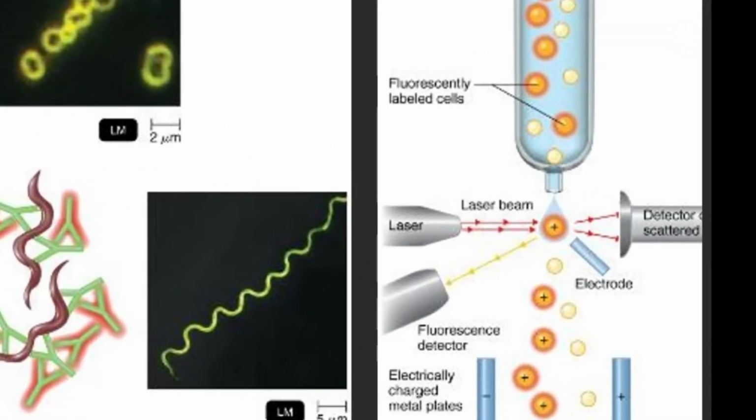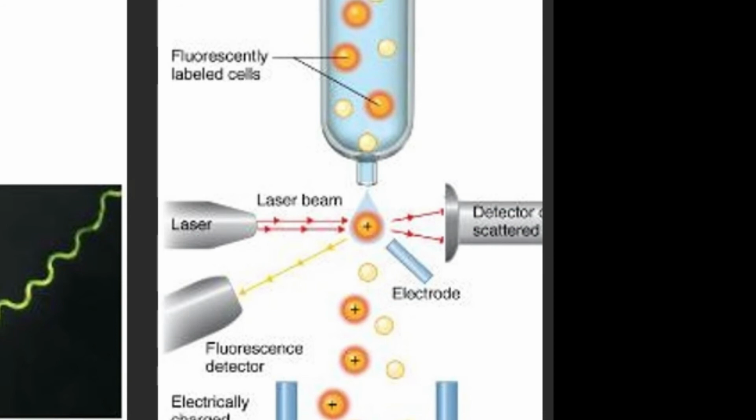Now, these can also be used in very specific cases where you actually use flow cytometry, which we talked about in chapter 6, as a way of counting bacteria. You can take those fluorescently labeled bacteria, and rather than looking at them on a microscope, you can throw them through a flow cytometer, which will shoot a laser across the drip that's coming out, and every time it catches a cell that fluoresces, it counts it, and that can give you a highly specific, right?